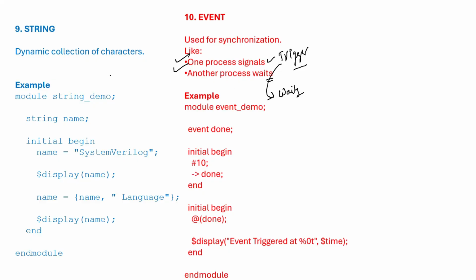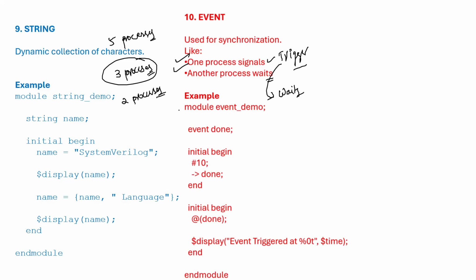Suppose they ask, I want to execute three processes. We have five processes in your code, but I want to execute only three and don't want to execute the remaining ones. At that time we will go for this event type of modeling.